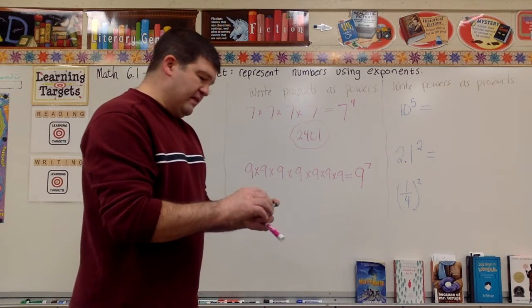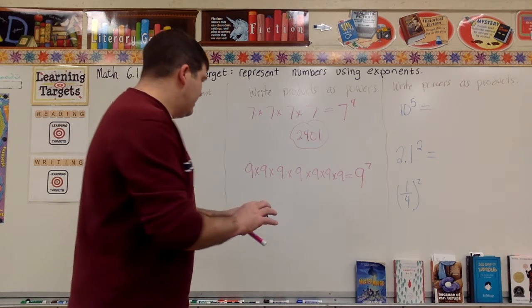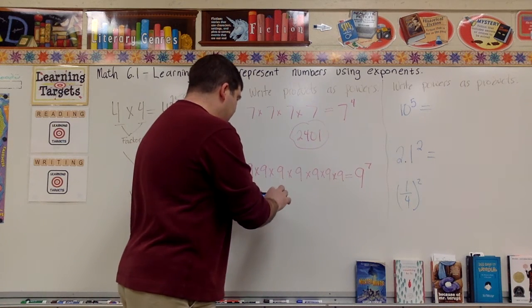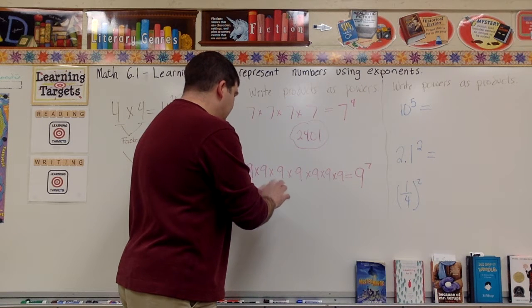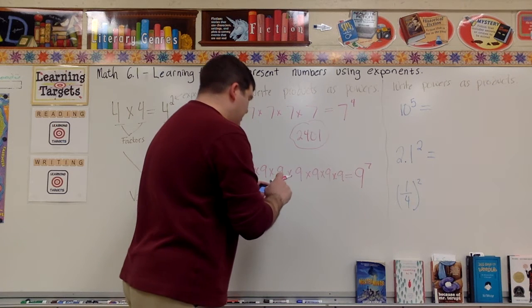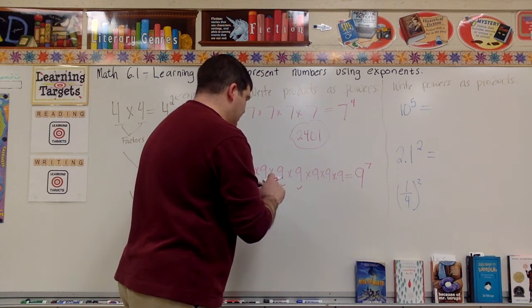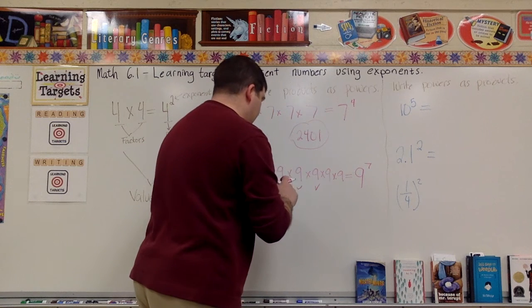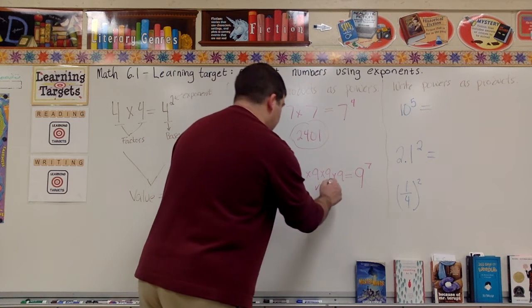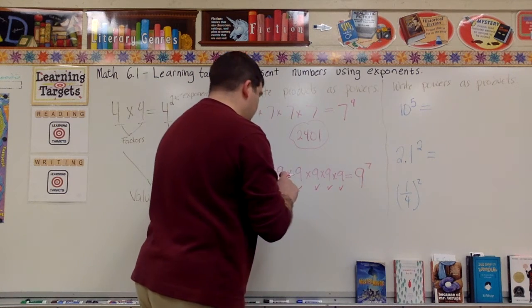So let's clear this out. 9 times 9, that's those two, times 9. Gotta make sure I've done them all. Times 9, times 9, times 9, times 9, equals.